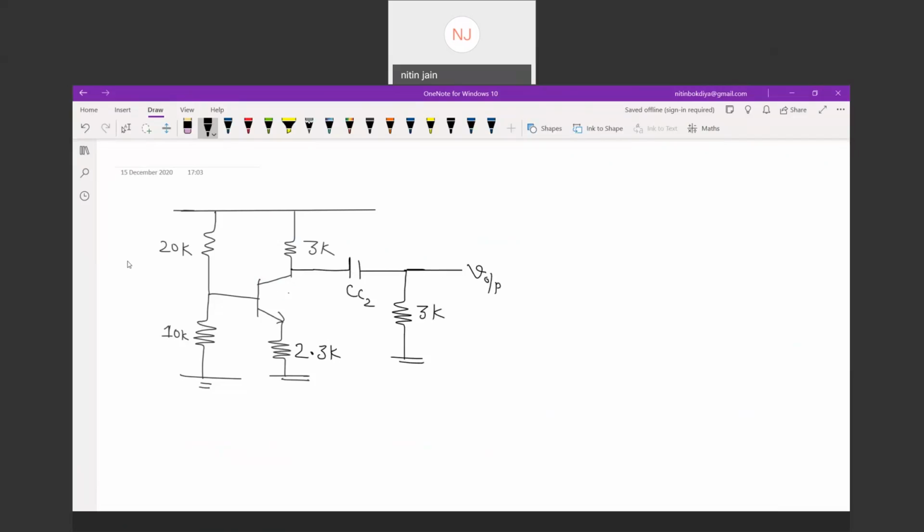Okay. This potential is given as 9 volt. Then this potential is given as 9 volt, and these are big fat capacitors. जितने भी capacitors दिए हैं extremely large. CC1, and one more capacitor is given.